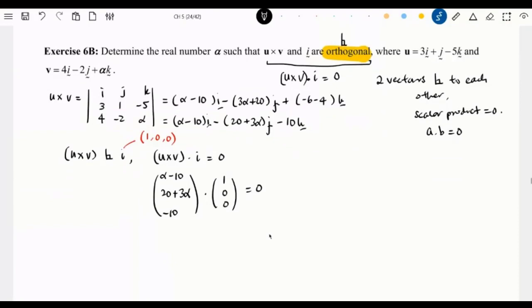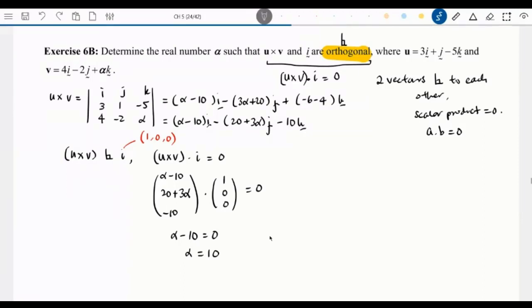So end up dia adalah alpha minus 10 equal to 0, alpha it be 10. Okay? Nampak tak kenapa kita buat macam ni? Macam mana untuk dapatkan alpha tu? Nampak, Miss. Okay.